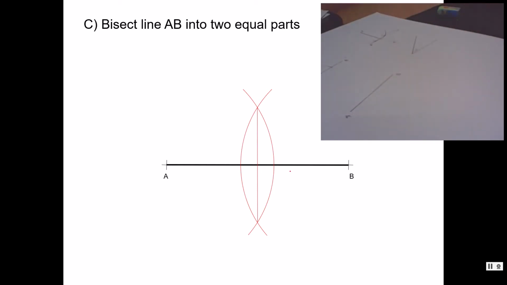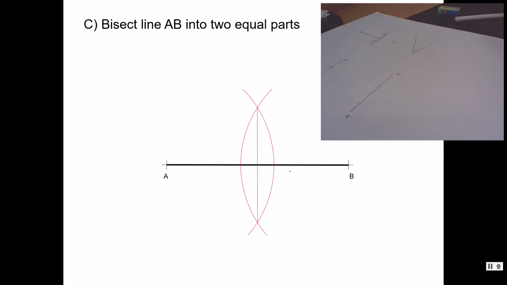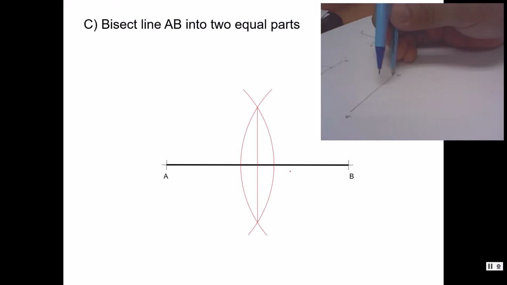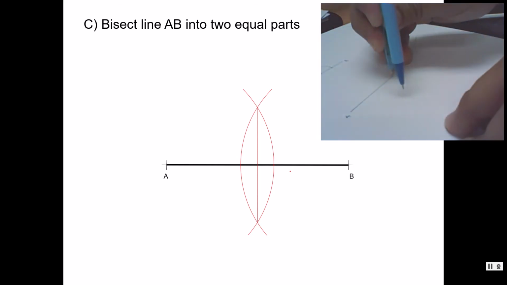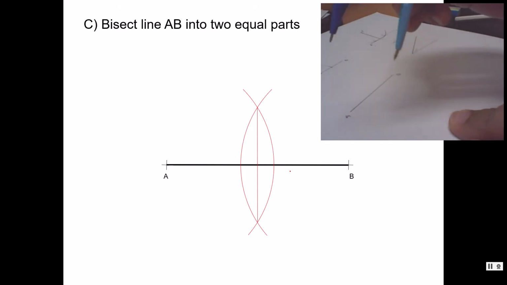Okay, so I already have point A and point B. Again, I just put 50 mm. So I want to find the center of these two. So I'm just going to draw one circle here, and the distance is up to you as long as it's consistent.